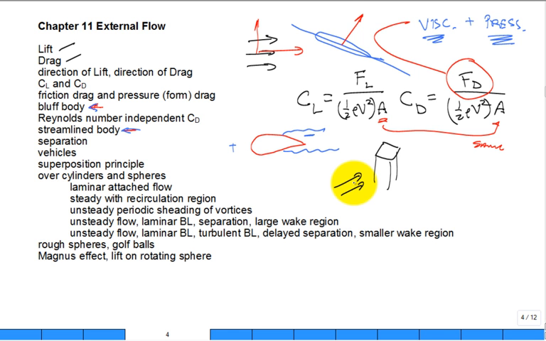You have airflow around it. Well, it's a very bluff body. It's not streamlined at all. And so the aerodynamic load on the structure like that is going to be given by a lot of separation going around the edges and backside. Okay. I just mentioned a lot about separation, but what exactly is separation?